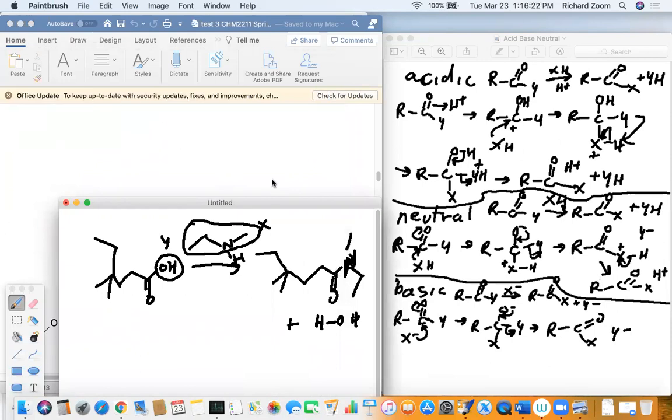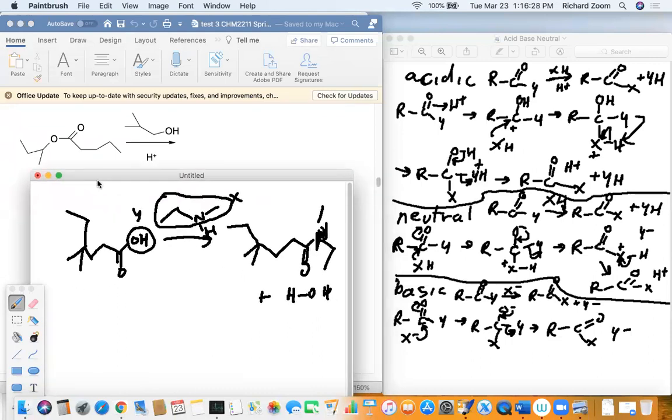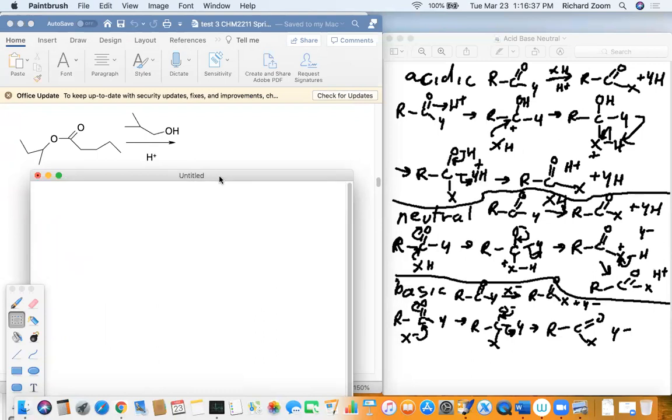Yeah. All right. Let's have a look. Okay. Now, is this one acidic because it has the H plus? That's right. So give this one a go yourselves. Now that you've seen a few examples, see if you can figure out the product of this, even though we haven't gone through this reaction.